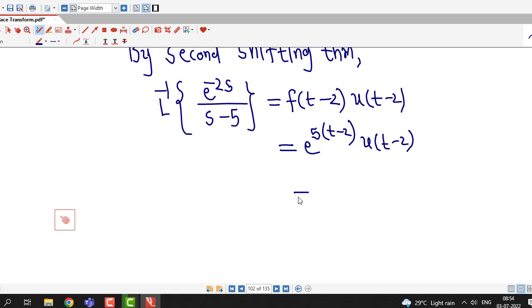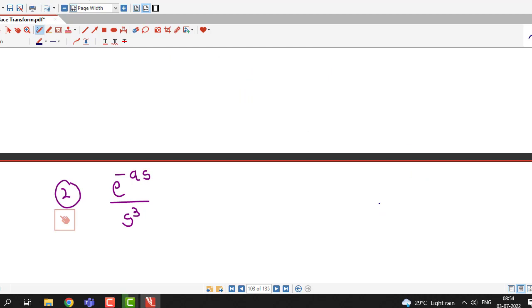And if we wish, we can rewrite this as e raised to 5t minus 5 into 2, that is 10, into u of t minus 2. So this is very easy.